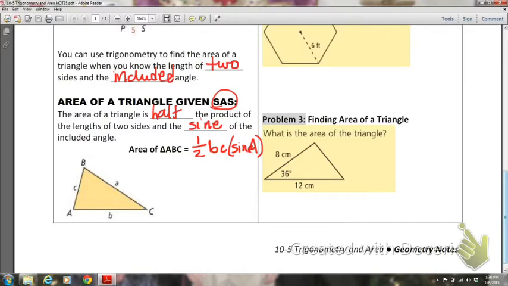To help you remember this formula, it helps to know where it comes from. It's actually just the formula for the area of a triangle. The area of a triangle is 1/2 the base times the height.